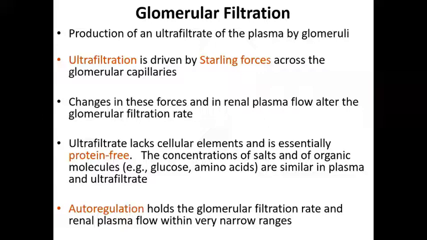Then you also have proteins. Proteins can also not be filtered there because they are so big and most of them are negatively charged. So proteins are not being filtered, cells are not being filtered. So the ultrafiltrate won't contain cells or protein, in simple terms. Because the ultrafiltrate doesn't contain protein, the oncotic pressure in the Bowman space is almost zero.